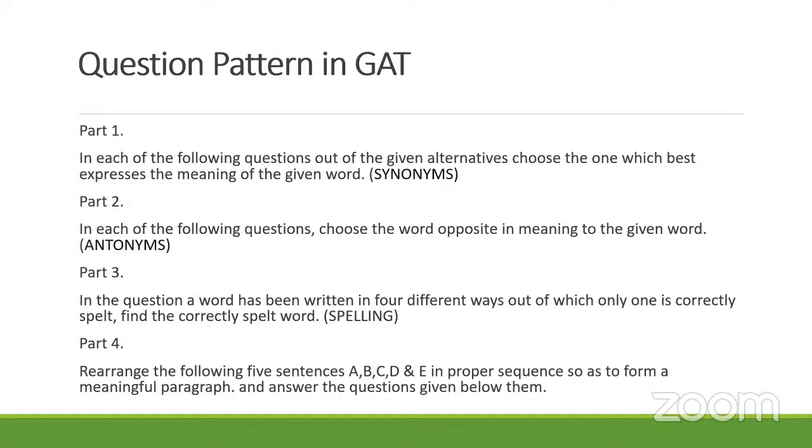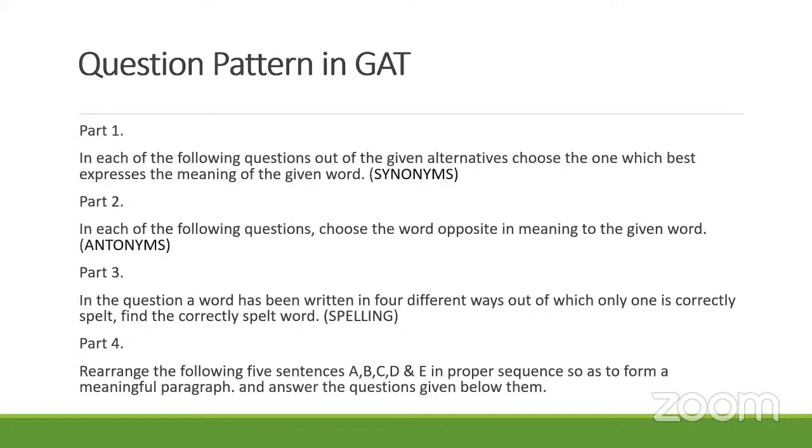Now, this is where synonyms come into play. So there will be a word given in the question, and there will be 4 options of other words given. Now, what you have to do is find a word from those options which matches very closely, or which is a different meaning of the same word which is already given.